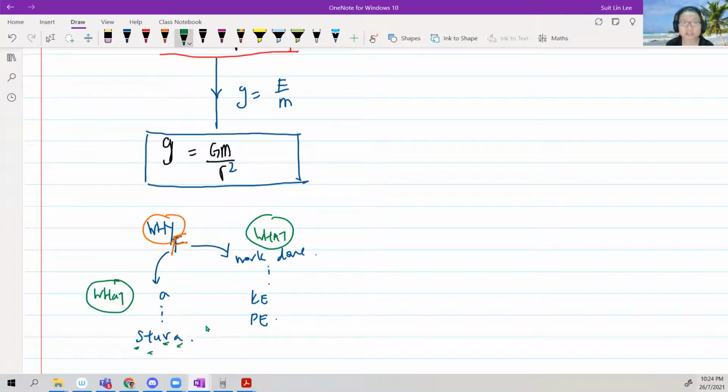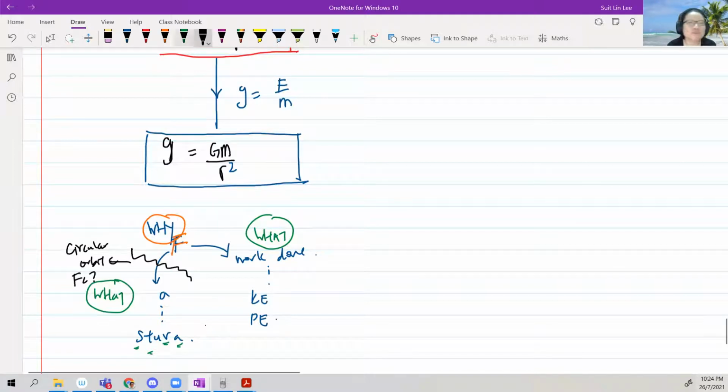And because we are dealing with planet-sized objects, this part for gravitation is a little bit messy. We don't use that much. Do we use circular orbit? A bit. Maybe for centripetal force, but not very common. We prefer this one.